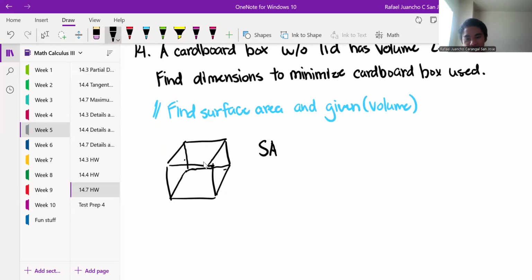And so we're going to say our surface area, if we do let x, y, and z be these things again, we still have two xy's. We still have two yz's. But we only have a single xz. So that's the difference now.